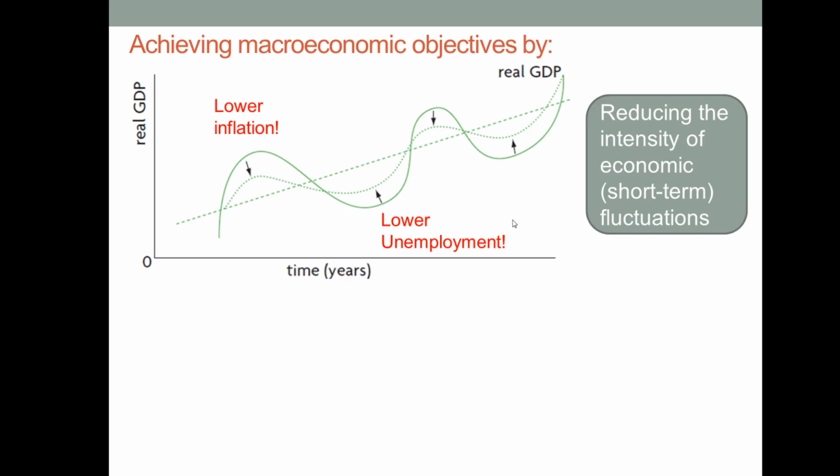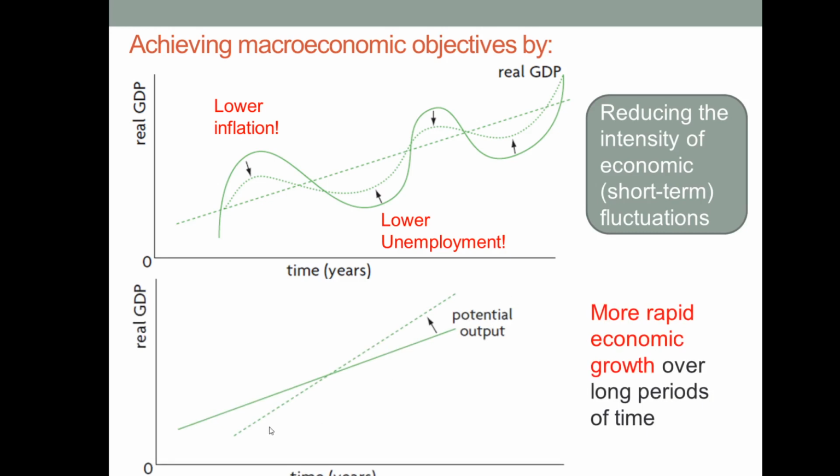That's how you get it. If you are able to make your potential output steeper, it means that the economic growth will be faster along the way, and people will be enjoying more along the way. So you can see here, by reducing the fluctuation of the actual output, you will be able to achieve price stability and full employment.